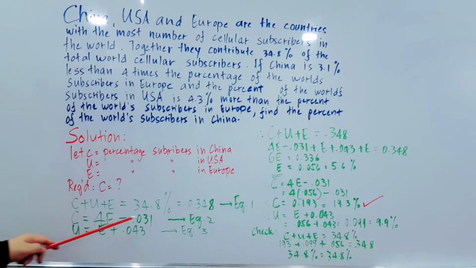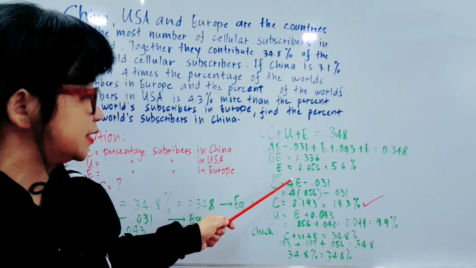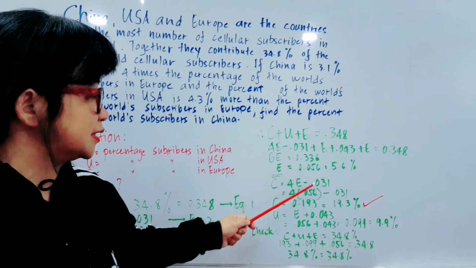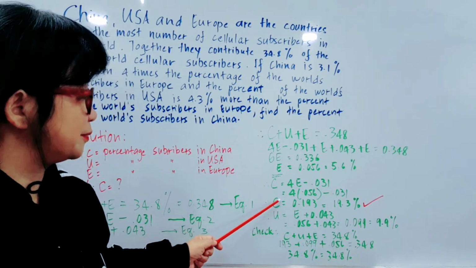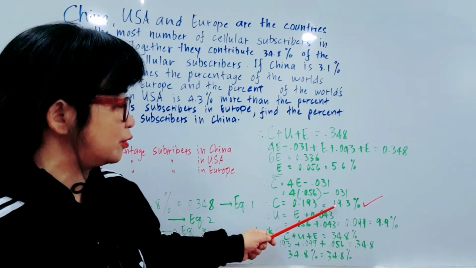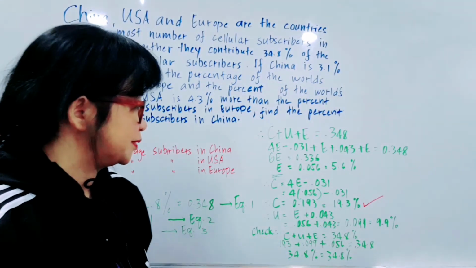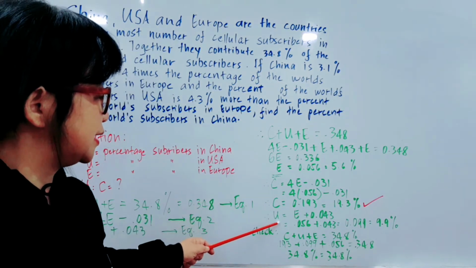Kasi meron natin sa equation 2, C which is equal to 4E minus 0.031. So, substitute natin ang value ng E, which is 4 times 0.056 minus 0.031. C, therefore, the percentage of subscriber in China is equal to 0.193 or 19.3%.